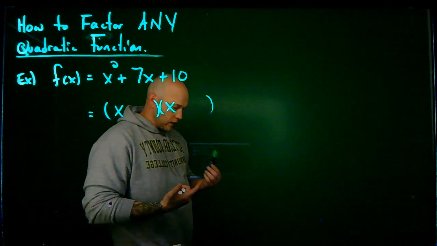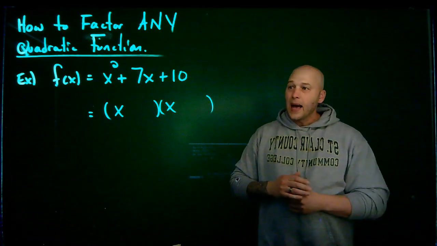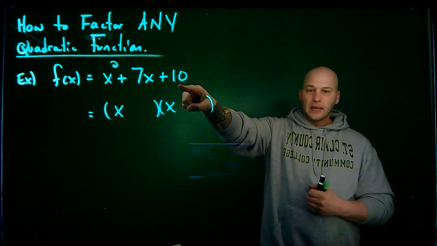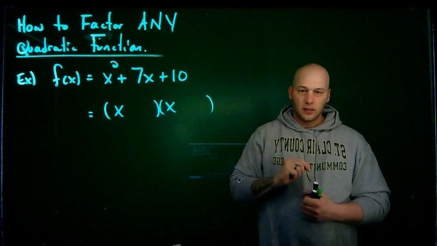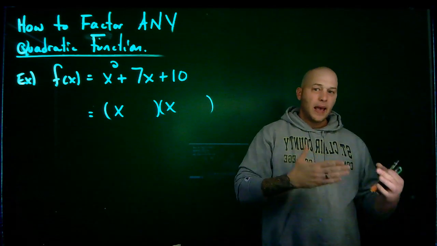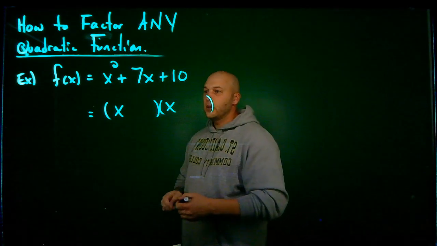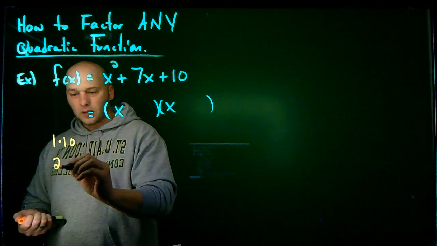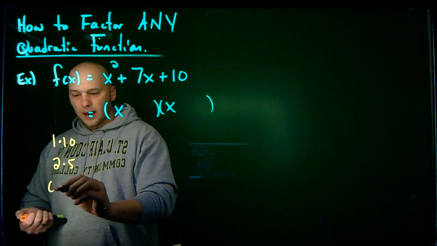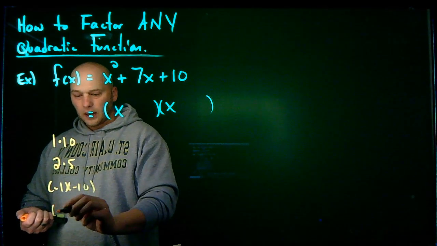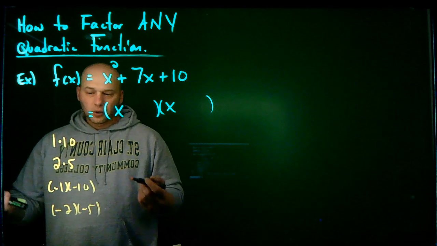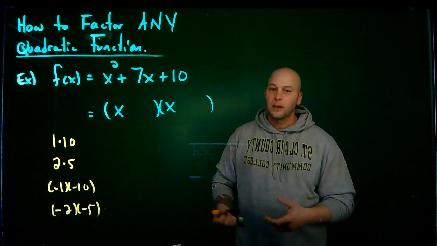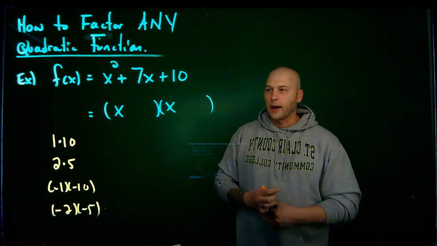remember the classic scenario where you say, I need to look at all the different pairs of integers that multiply to get 10 and add to get 7. When you first start out with these, you say, okay, I could take 1 times 10, 2 times 5, negative 1 times negative 10, negative 2 times negative 5, and those are all the integer combinations that give a product of 10.